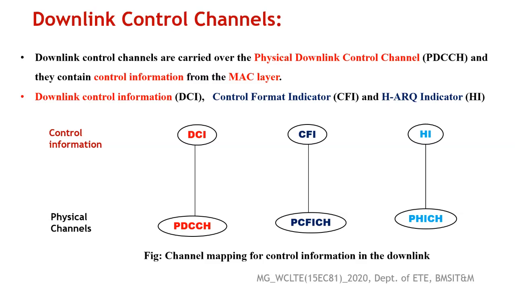Each control information is mapped to a particular physical channel. The downlink control information will be carried over the physical downlink control channel, the control format indicator information is carried over the physical control format indicator channel, and the hybrid ARQ indicator information is carried over the physical hybrid ARQ indicator channel. So it is one-to-one mapping.